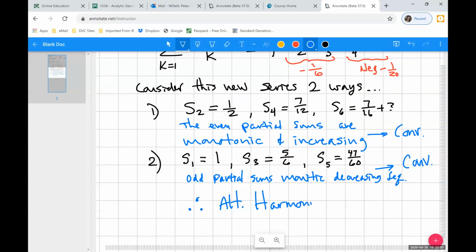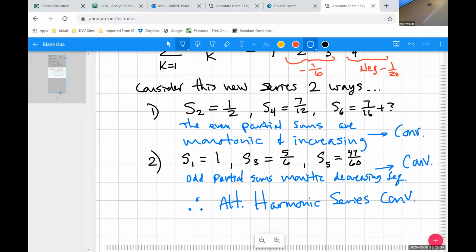I have a question in terms of what each is bounded by. For the even partial sums, is that only bounded by 1 and 1/2? Well, it only needs to be bounded by one number, but they're bounded below by 1/2.